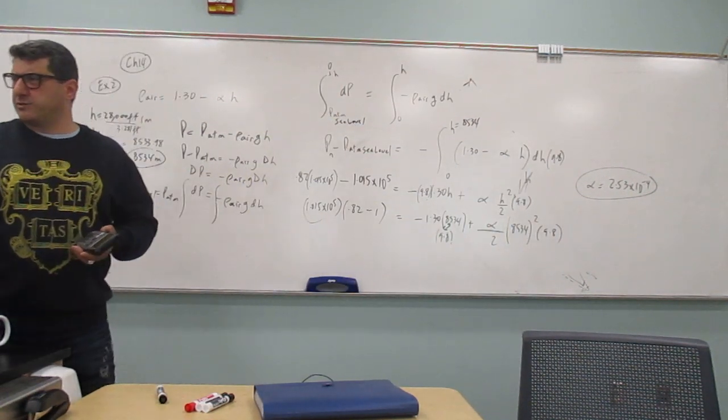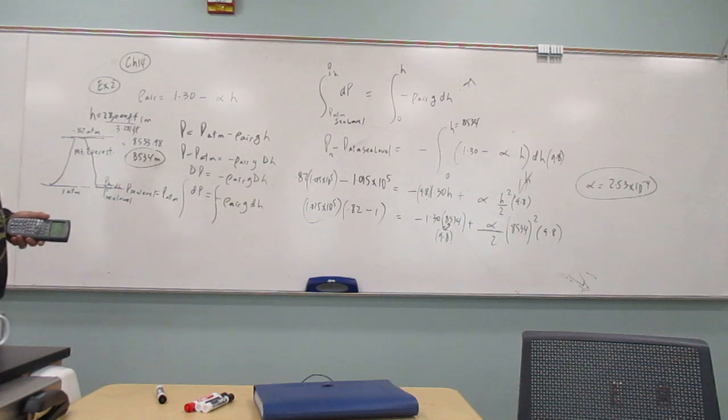What was I using for the constant? 1.6 times 10 to the negative 5. Oh, so it needs to be a bigger number.